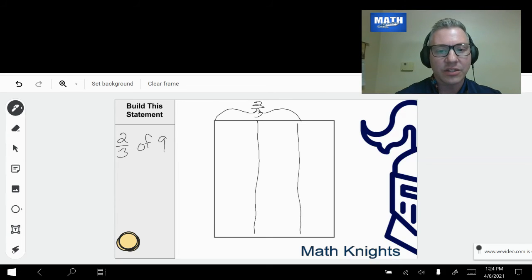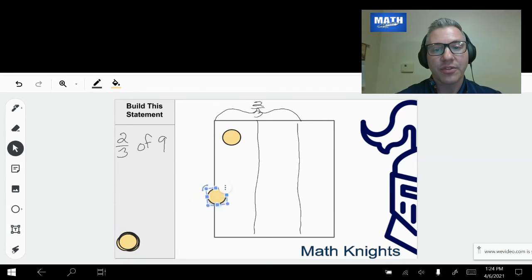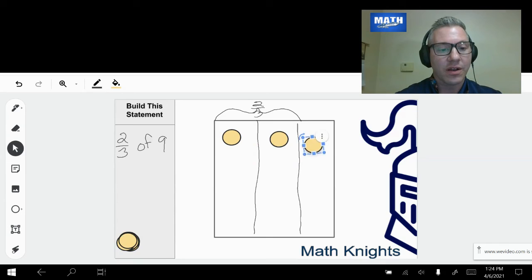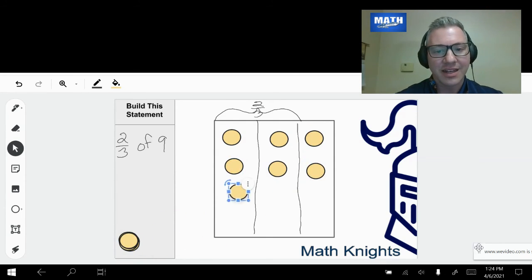So I need these 2 together. Let's do our fair share. We're trying to find out 2/3 of 9. So I have to make sure they're distributed equally. So I'm going to go 1, 2, 3, 4, 5, 6, 7, 8, 9.